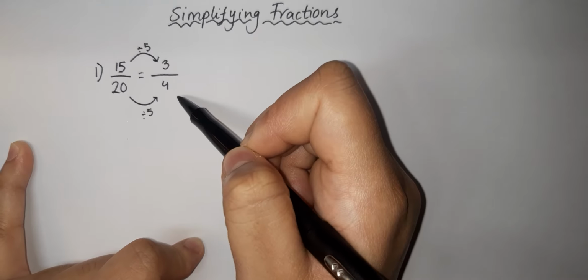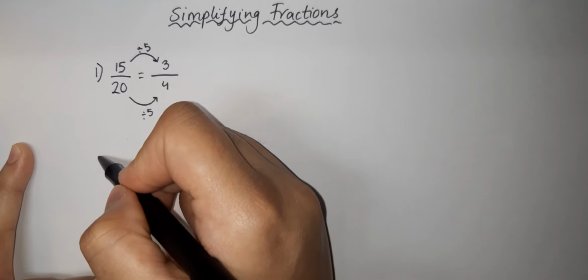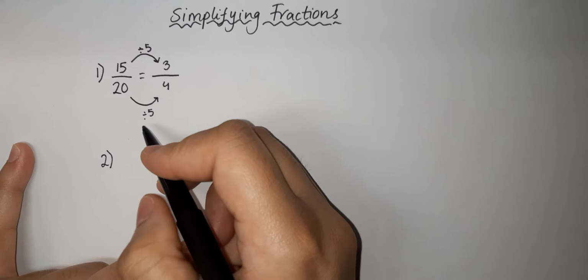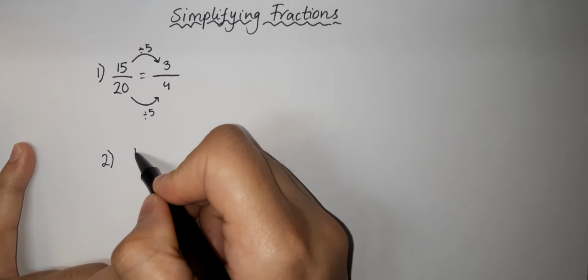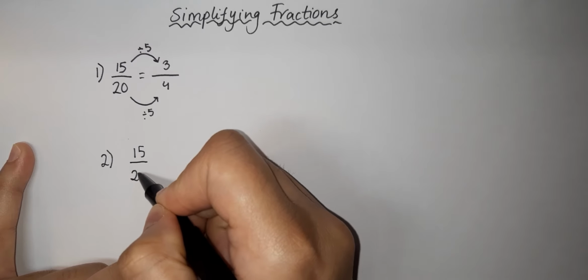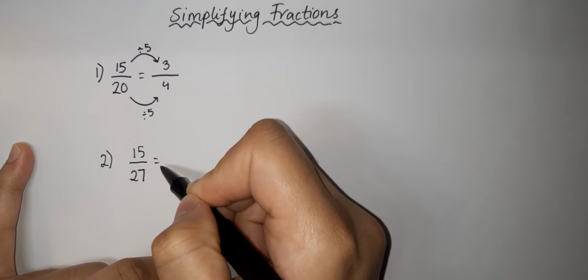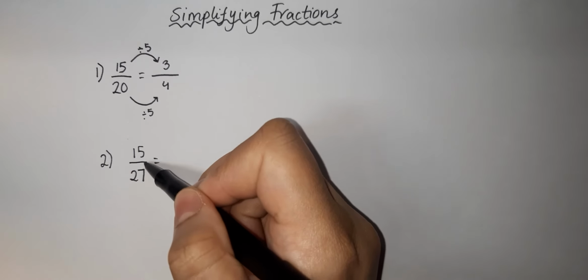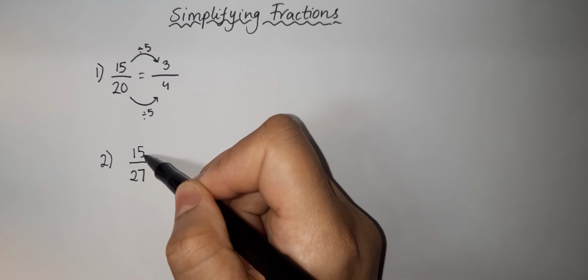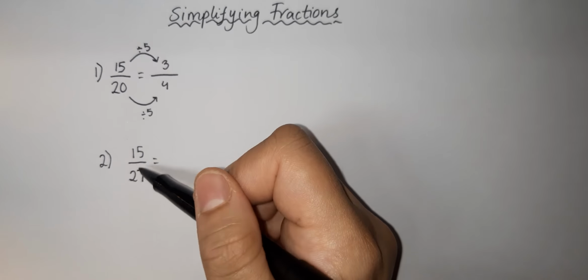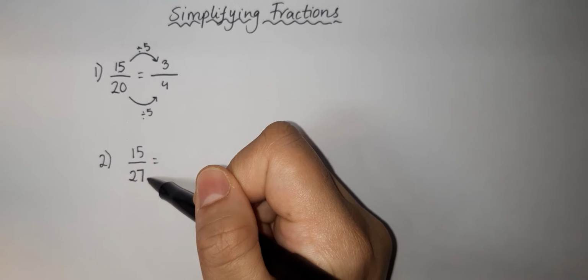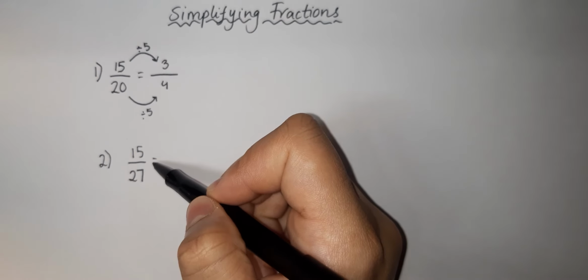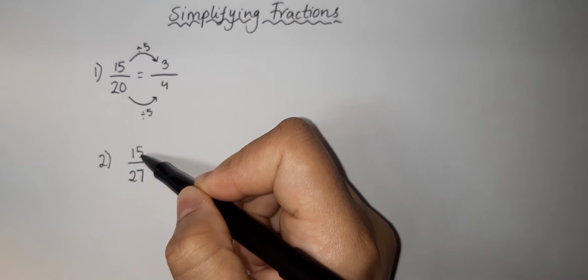If we do another example over here, the question is, simplify 15 over 27. Now if we look at 15, we know that 5 goes into it. But 27 cannot be divided by 5. So we've got to think of another number that we can divide both of them by.